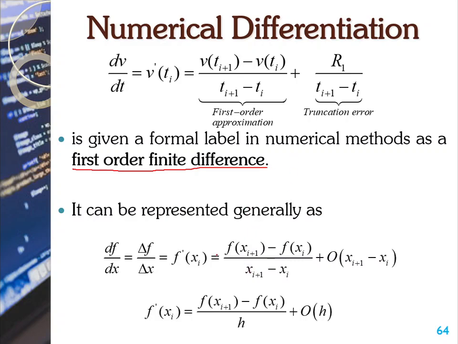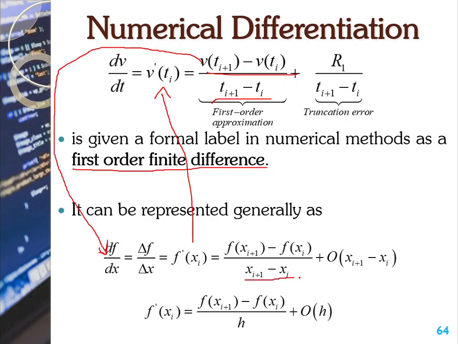Just as we have in here, we are changing everything back to f's instead of the velocities. So we have our f prime of x, which is the same as we have in here: f of xi plus 1 minus f of xi, over the change in x, which we have down in here. And this last part has been expressed as what we have in here.